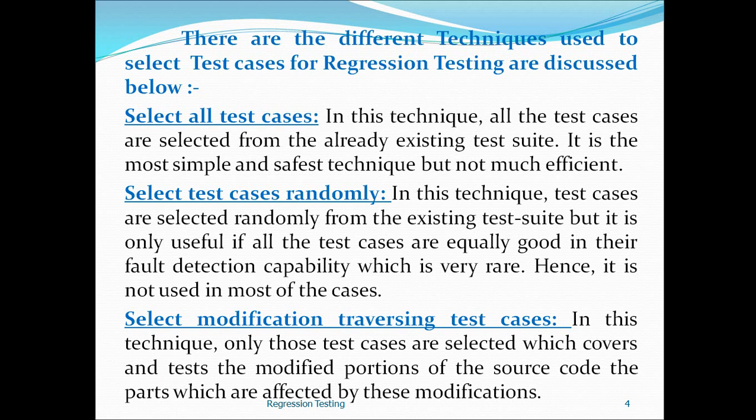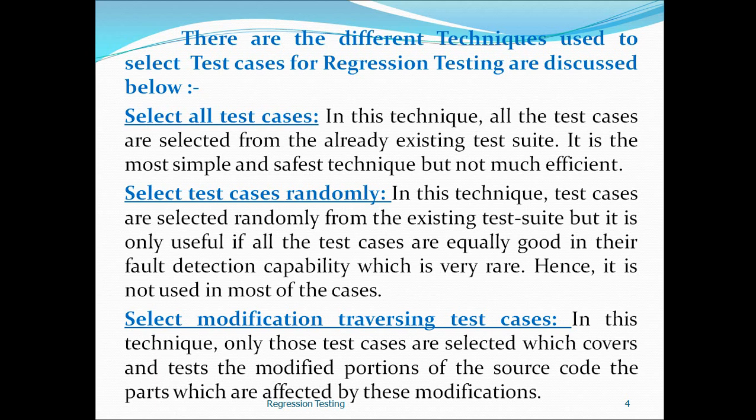When we make a change in the software, the entire software is tested and all the test cases are selected and performed to remove the defects from the software. But it is a time consuming method.